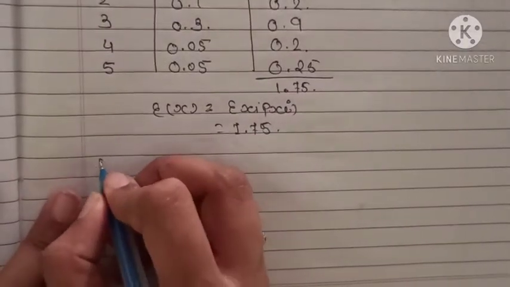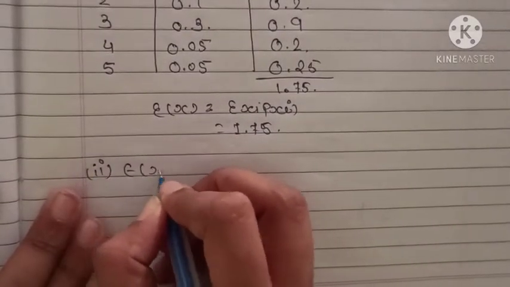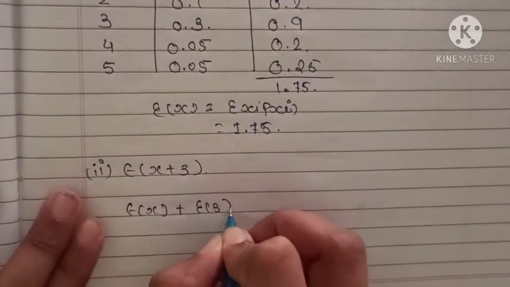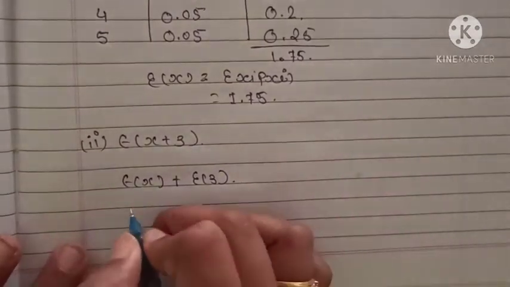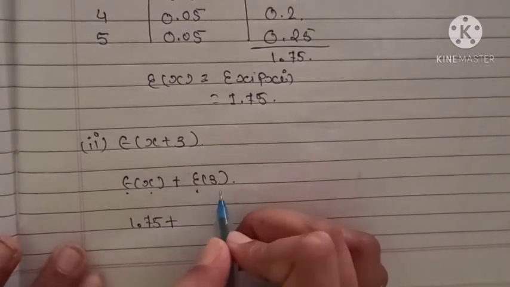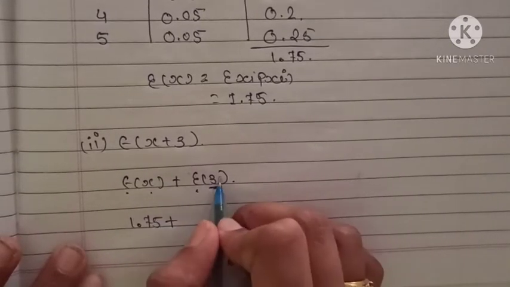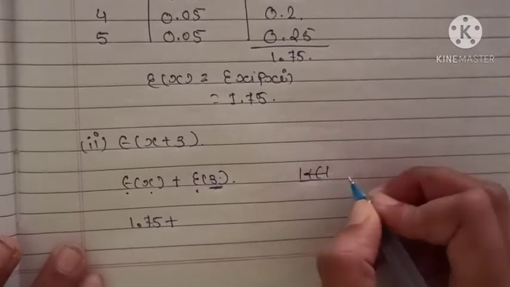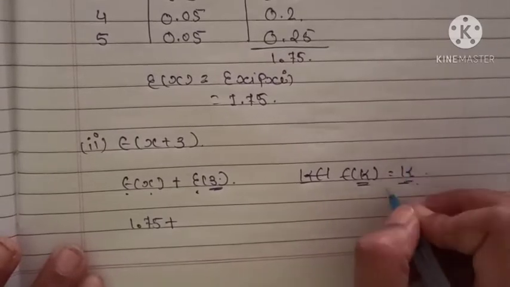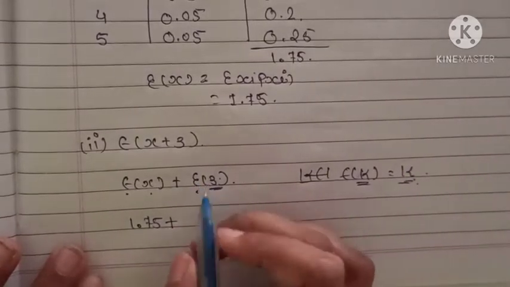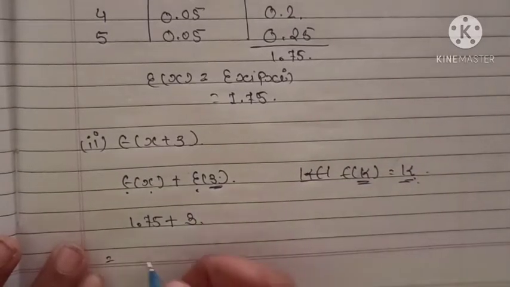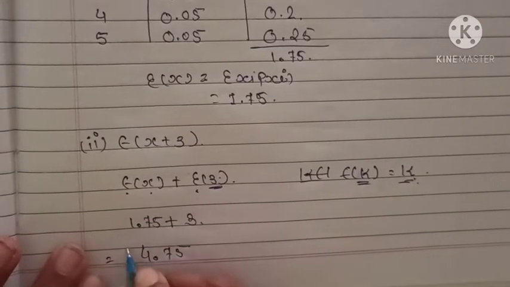The second term is E(x plus 3), that is Ex plus E(3). Ex is equal to 1.75 plus E(3). If the variable is a constant, then E(k) is equal to k, where k is a constant; the answer will be the constant amount. So here the answer is 3. So 1.75 plus 3, it will come 4.75.